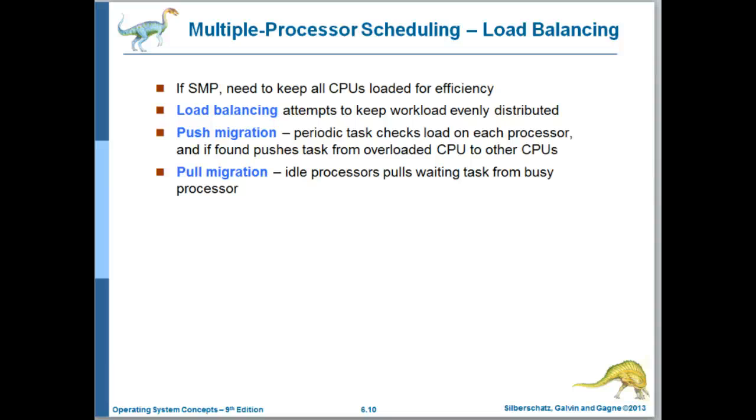You'd want to balance that workload between the 2 CPUs that you had. And as mentioned, there are 2 strategies: push migration and pull migration for affecting load balancing.